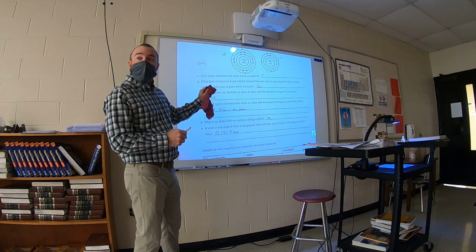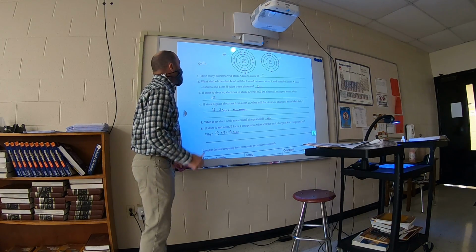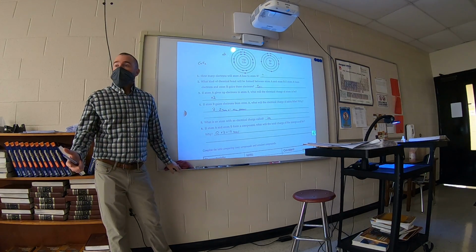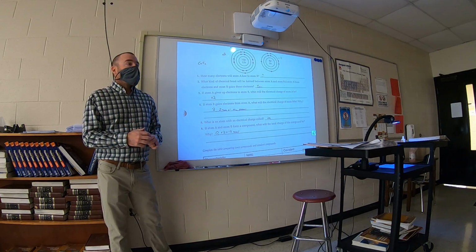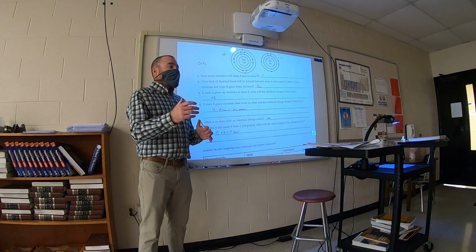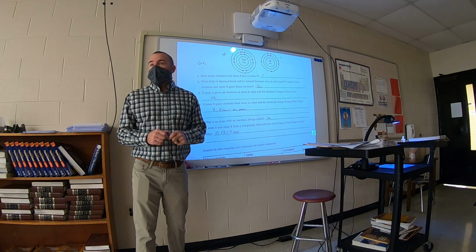Number 2, what kind of chemical bond will be formed between atom A and atom B? We've got 2 types of chemical bonds. One involves sharing electrons. One involves opposite charges, or giving up electrons.